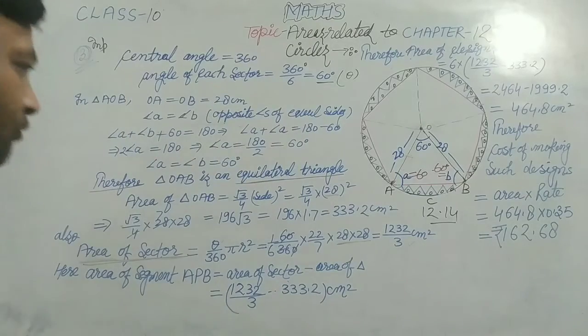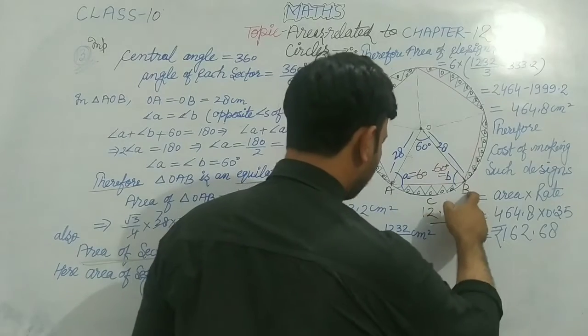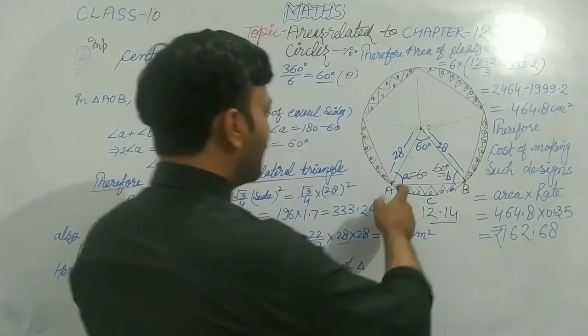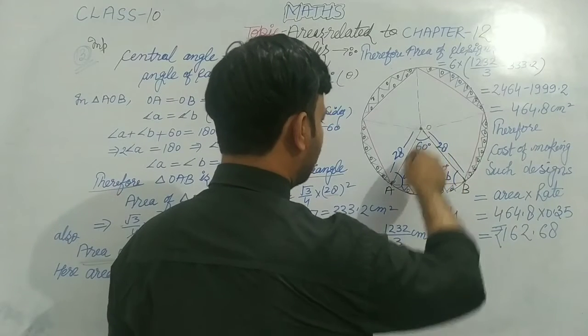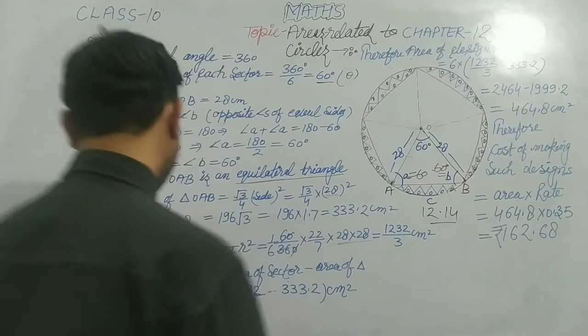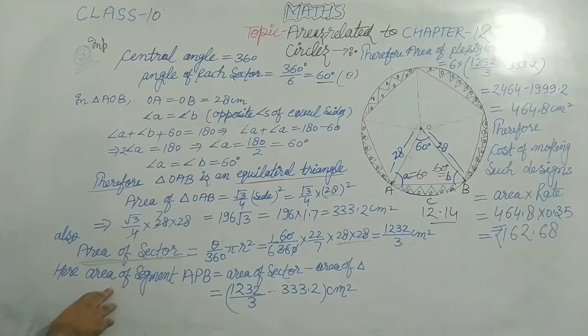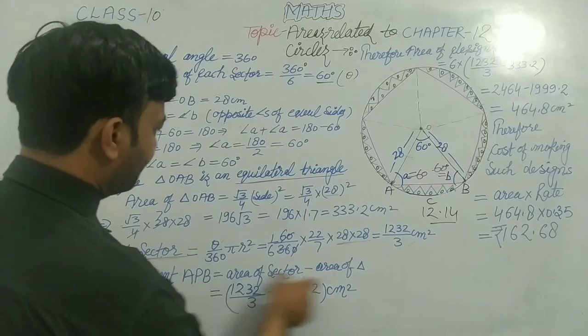Now we need to find the area of segment ACB. So what should we do? From sector AOBC, we subtract the triangle AOB. So here we can write area of segment APB equals area of sector minus area of triangle.